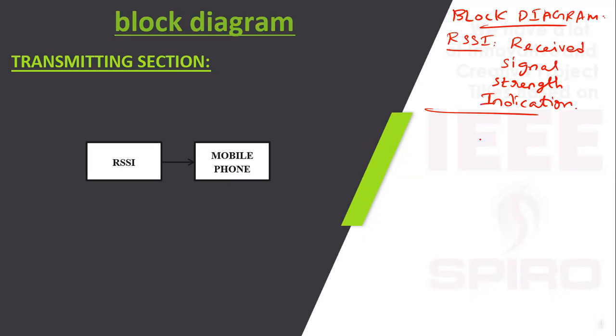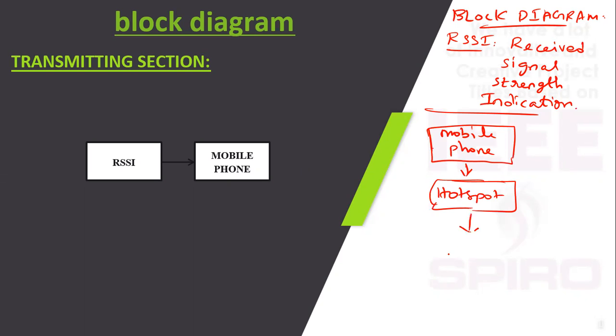In terms of signal strength itself, we can conclude there will be two devices: one a transmitter and another a receiver. The transmitter side will be a mobile phone, using Wi-Fi. If we turn on the Wi-Fi hotspot, there will be signal generation, that is RSSI TX.